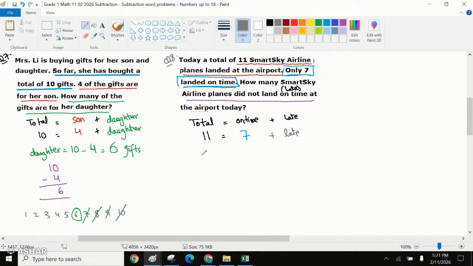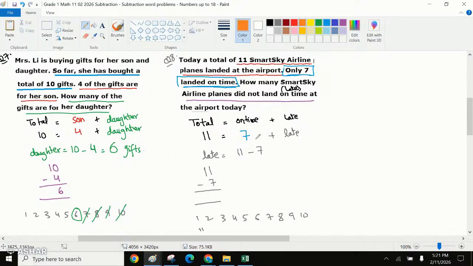So can we say, if we need to find how many were running late, the total minus the on time, and we know that 11 minus 7 would be, in order to find this answer, we can write the numbers 1, 2, 3, 4, 5, 6, 7, 8, 9, 10, and 11.